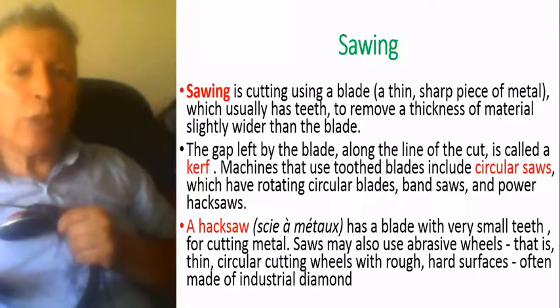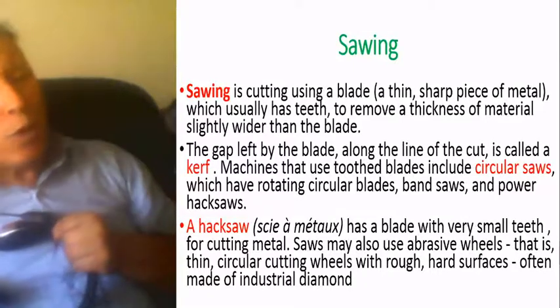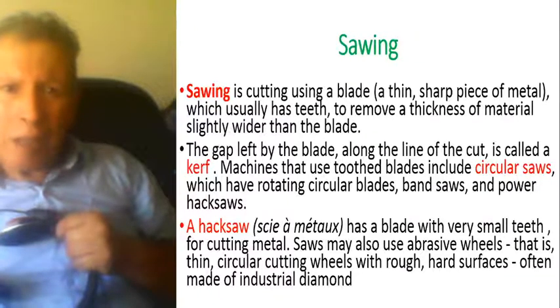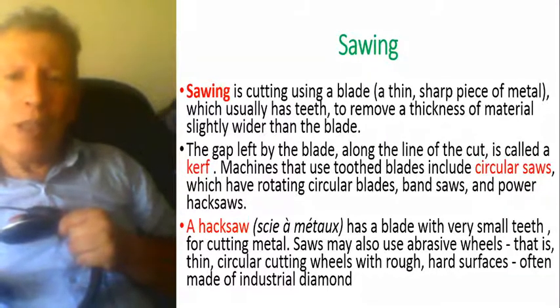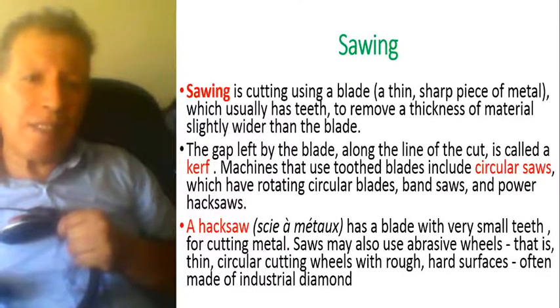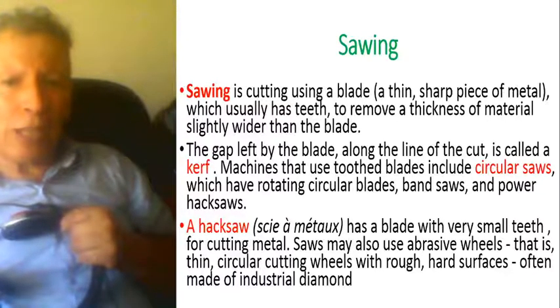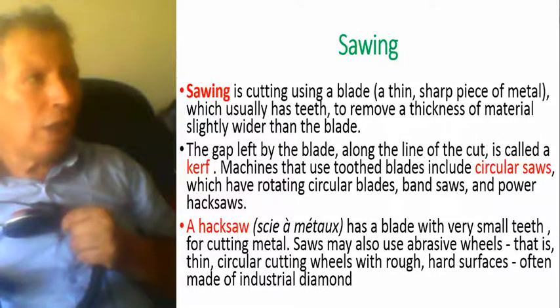Exactly. This is what a saw does, especially when you cut wood. So it could be used also to cut metal. So you saw with a blade that has teeth to cut. The gap left by the blade along the line of the cut is called a kerf.